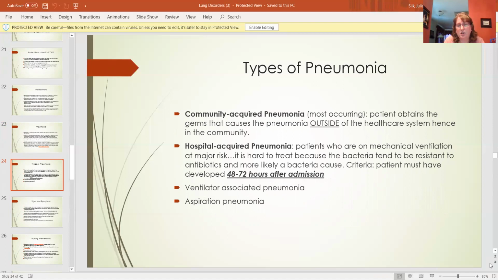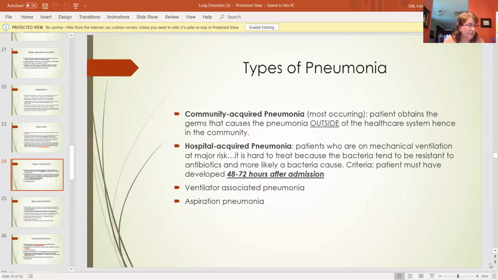This is a patient who's on maybe a mechanical ventilator, or they come in for something completely unrelated, and then 2 days later they develop symptoms of pneumonia. So 48 to 72 hours after admission, if they start getting symptoms of pneumonia, then it was obtained while they were there. Like I could have come in for a broken leg or something and I get pneumonia. So that's kind of where we're at with that.